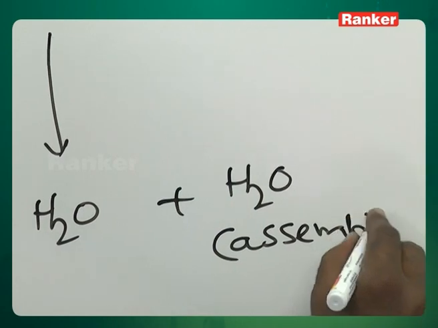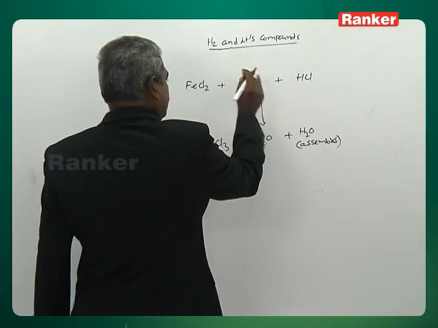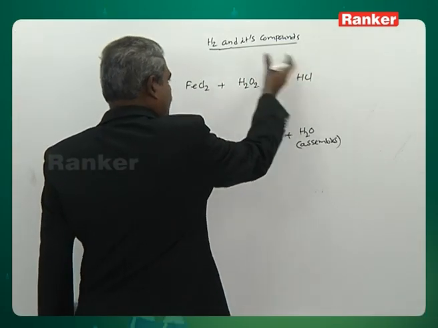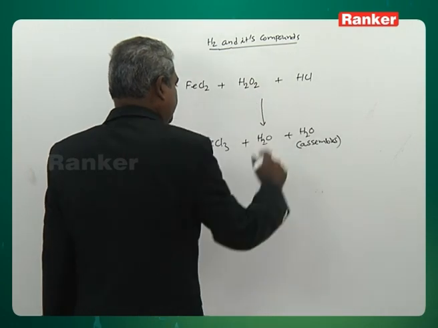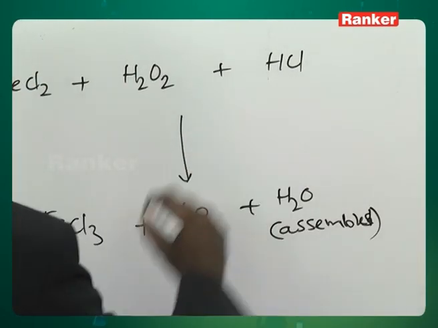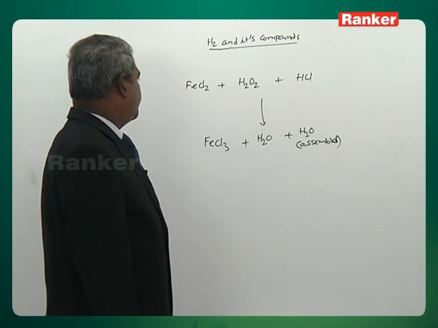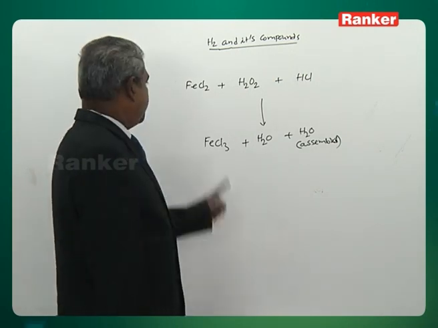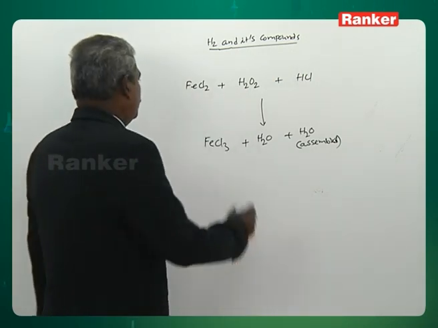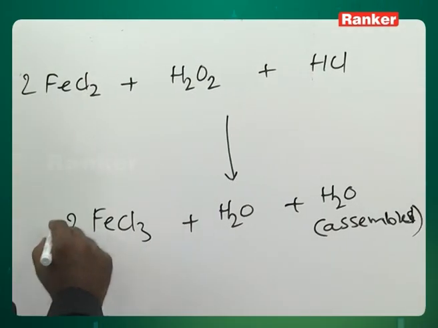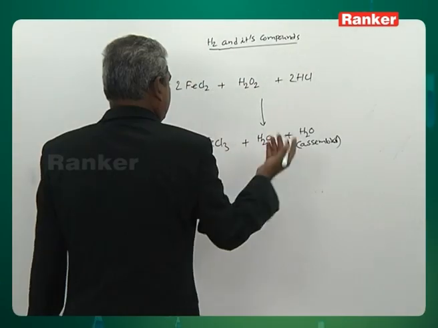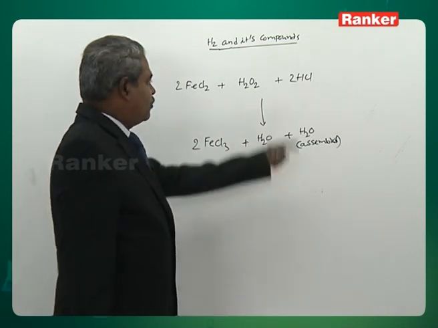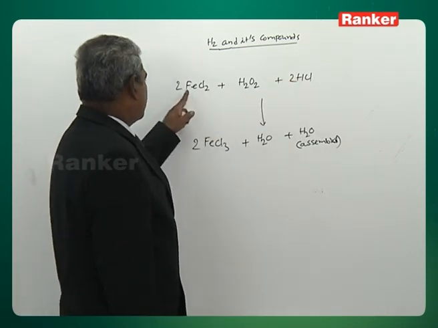Assembled in the sense, electrons from one place, oxygen from some other place, protons from a third. I have assembled all of them. Assembled H2O. But you need 2 ferrous ions, because each ferrous gives only 1 electron. So 2 FeCl2, 2 FeCl3, 2 HCl, and everything is automatically balanced. 2 protons from here, 2 electrons from here.